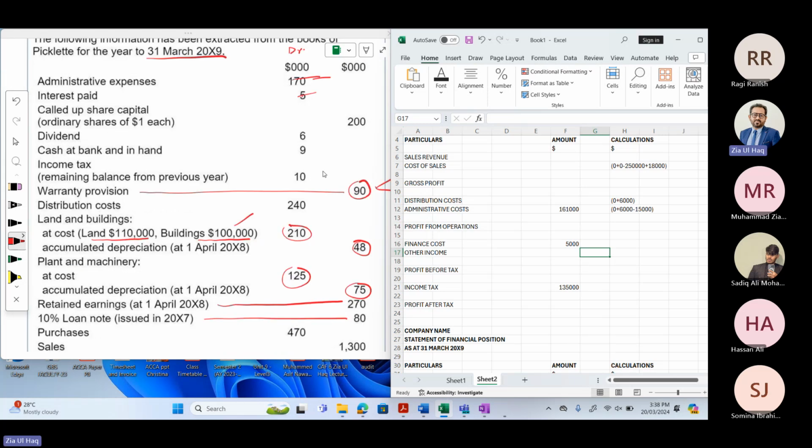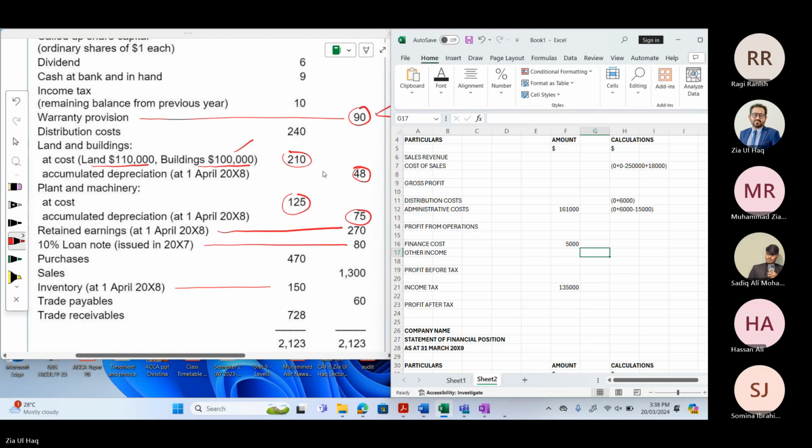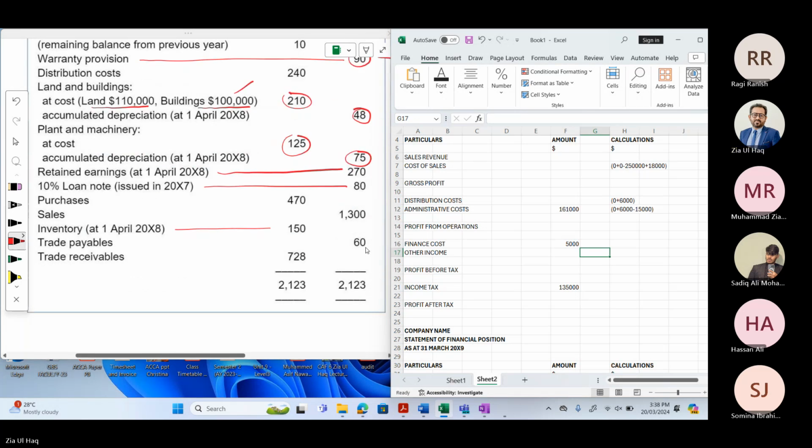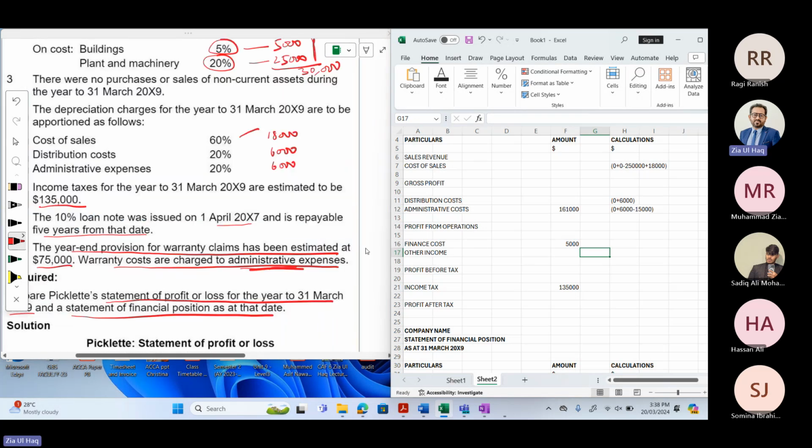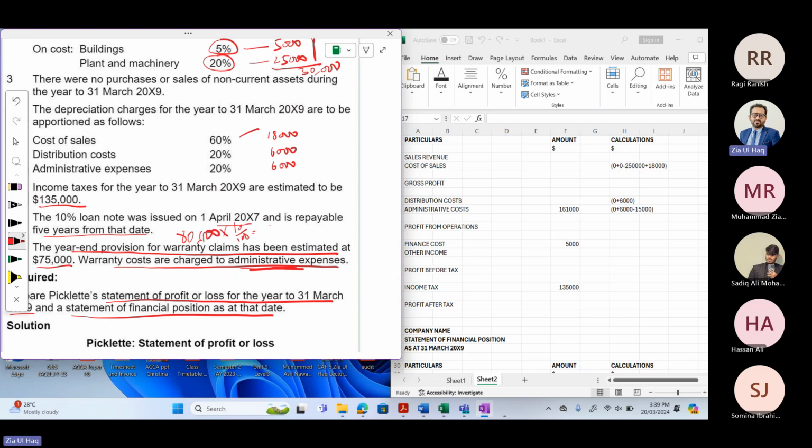What is the amount of the loan? 80,000. And 10% means the interest rate is 10%. When you have obtained this loan 2 years back, what could be the interest amount for the year? If 80,000 is the total loan and the rate is 10%, the total amount is 8,000.